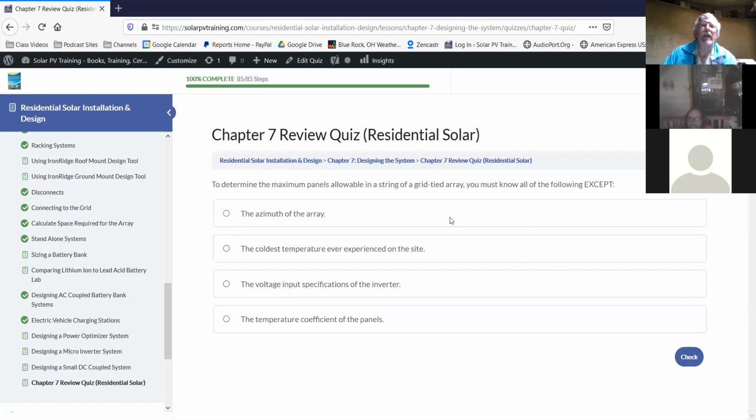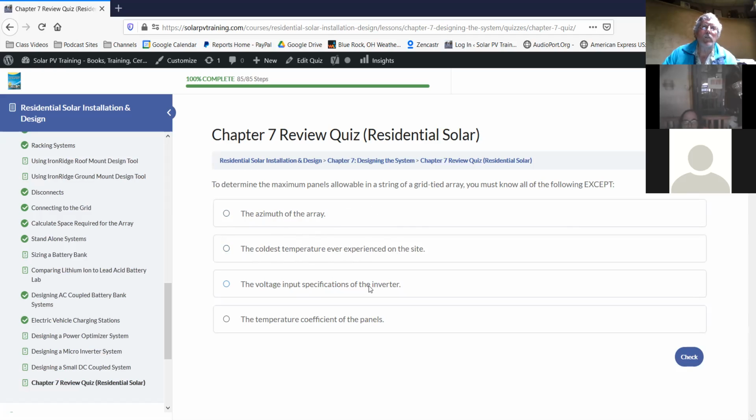Okay, to determine the maximum panels allowable in a string of a grid-tied array, you must know all the following except. So when we go to do the grid-tied array, we need to know the coldest temperature ever experienced on the site.